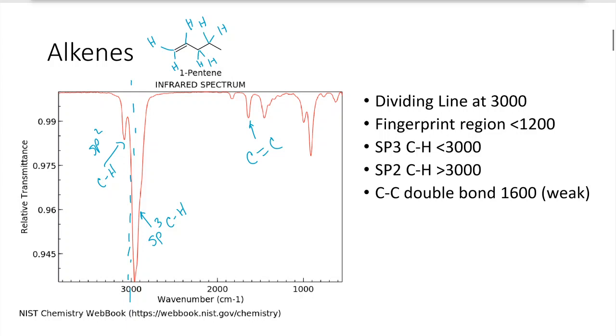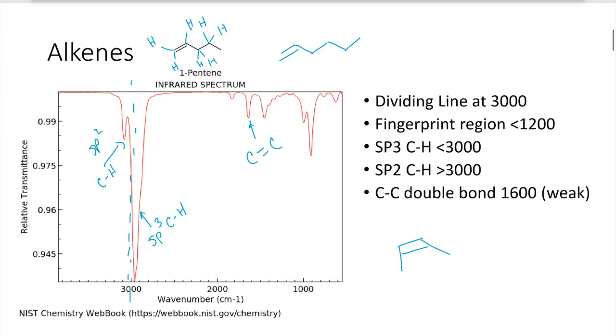So as in the case here, 1-pentene has an asymmetric carbon-carbon bond because it's not symmetrically substituted on both sides. But if you had a molecule that was symmetrically substituted, for example this one, you wouldn't see a change in dipole for that peak at 1600.